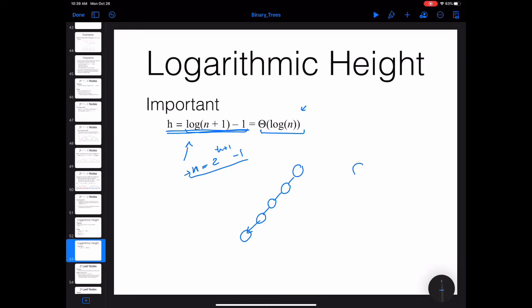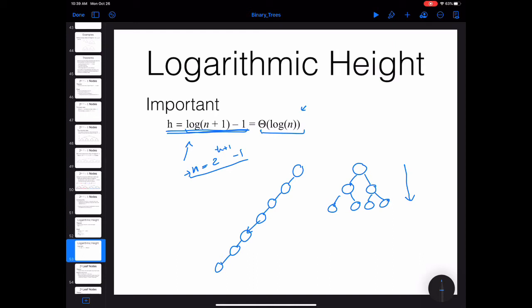So instead of this, you could create a tree which is much shorter, right? And when it is shorter, it's going to affect how much work you need to do.